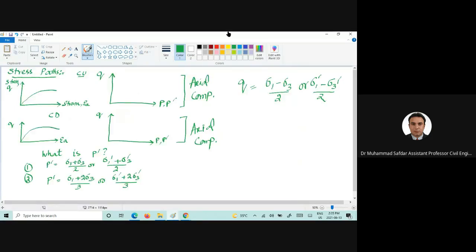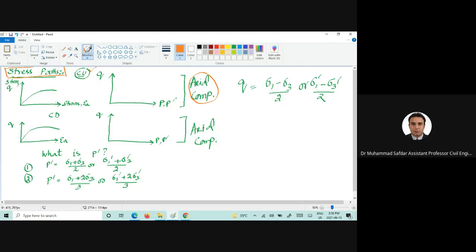Now we will start our lecture with a question. For example, if you want to draw the Mohr circle, or the stress path, sorry, if you want to draw a stress path for a consolidated undrained test which is conducted in axial compression loading condition, so how will we plot the stress path?